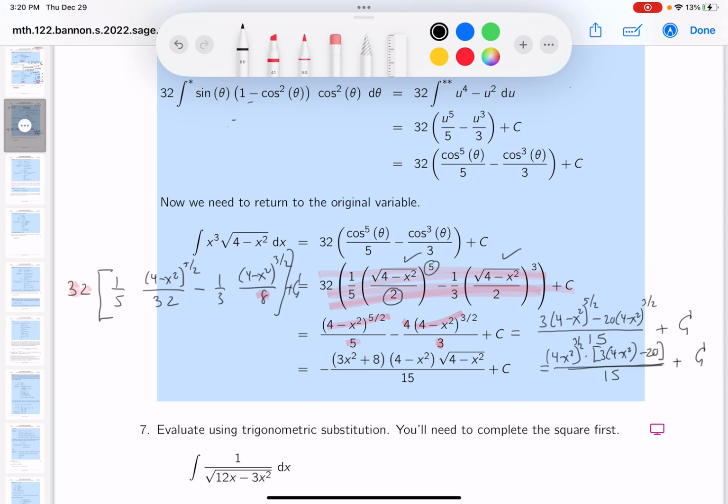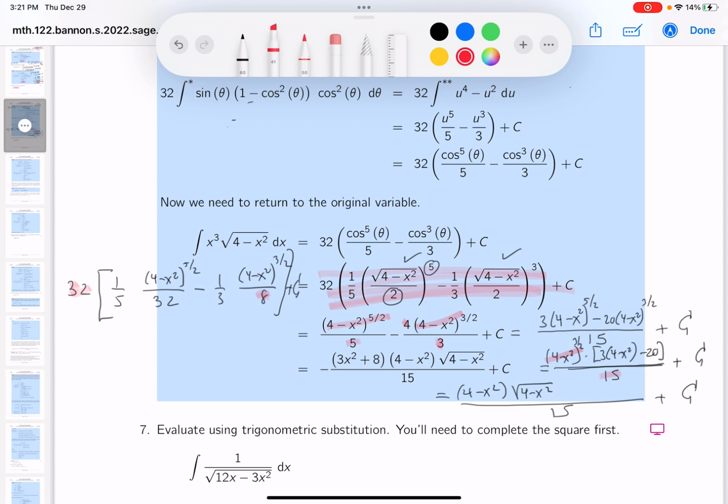All right, let's see if we can do that. So, 4 minus x squared to the 3/2 is actually 4 minus x squared times the root of 4 minus x squared. I just took care of this business. I got a 15 in the bottom. And I just took care of this.